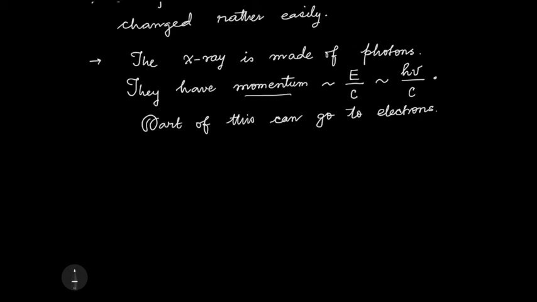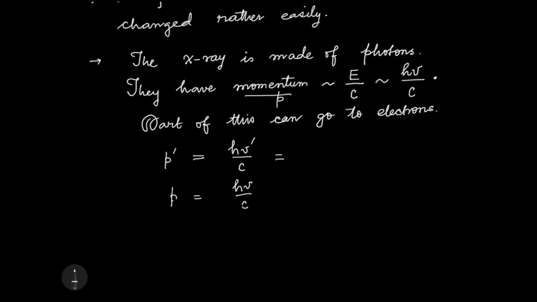The momentum will change. So say the photon momentum, let's call this P, is changed to P prime. P prime is less than P. So let's see what P prime is. The only way it will be different is it will be h nu prime by c. Previously it was P, which is h nu by c.